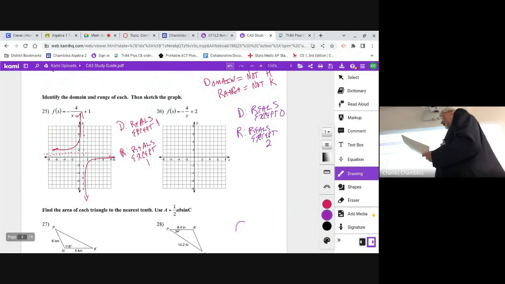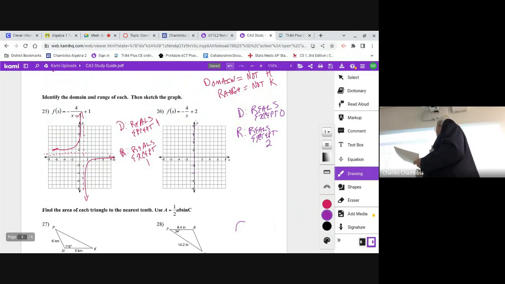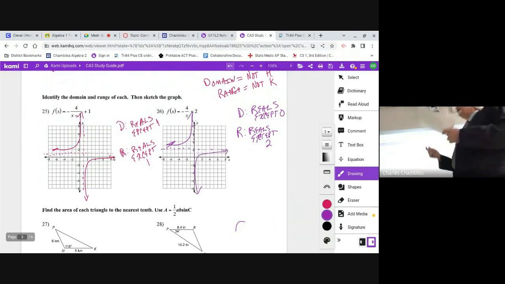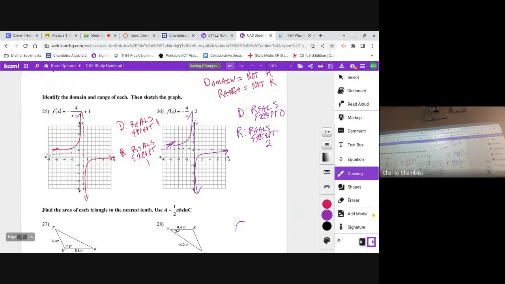So I sketch in my asymptotes here and here, and then draw the graph. If looking at the picture is going to help, graph it on the calculator. If looking at the table is going to help, look at the table. And you've got them, we're going to use them.